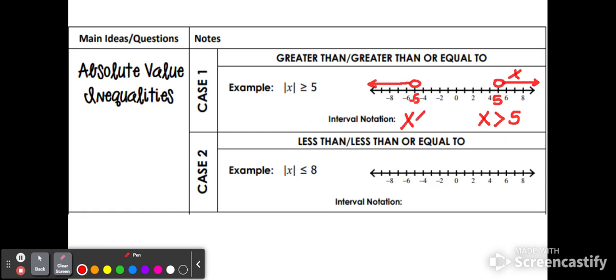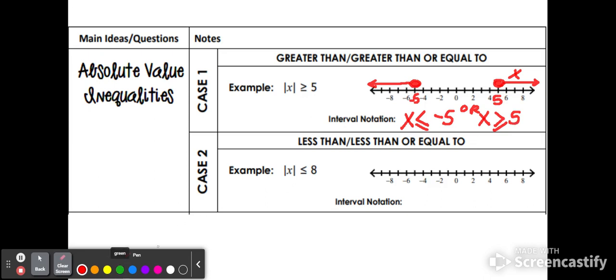So we're going to say x is less than -5. Now, let me clarify. This was also equals. And so these are also equals. So we have what looks like an or problem, right? And so we can write this as this or this, right? X is less than or equal to -5, or x is greater than or equal to +5.